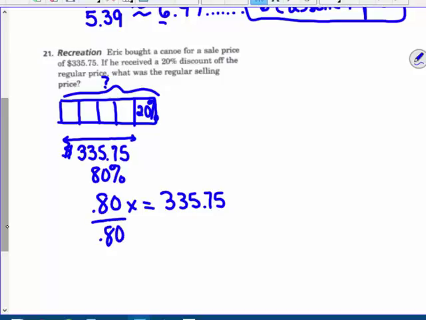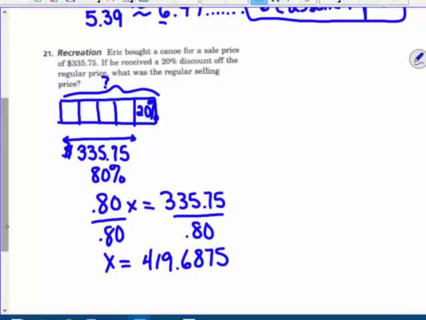And I'm not dividing by that 20%. And I think the bar model helps, that you're paying 80% for that $335.75 and 20% off. So I would do it this way, write the percent equation and divide by that 80% to get that x would be about 419.